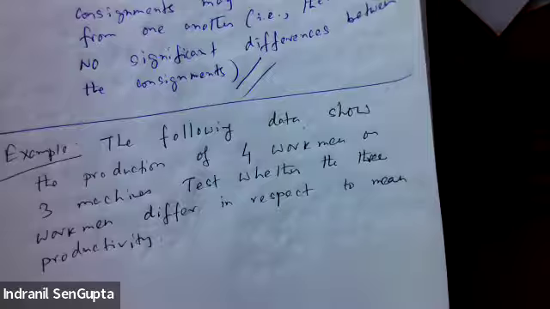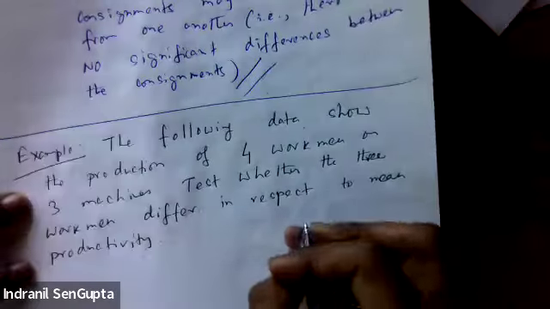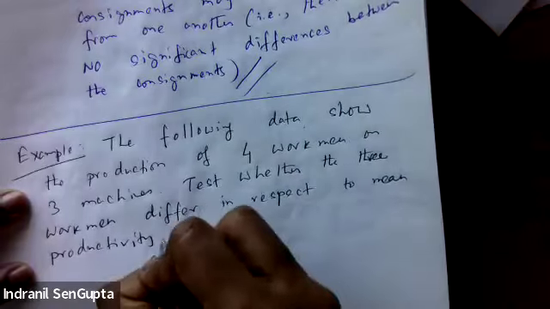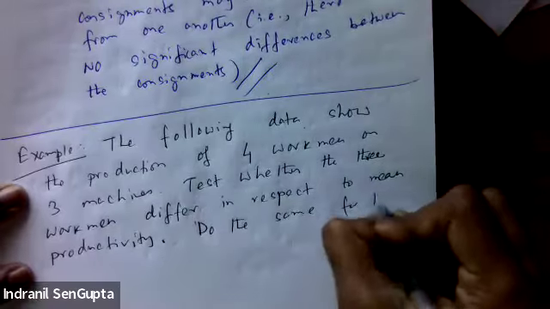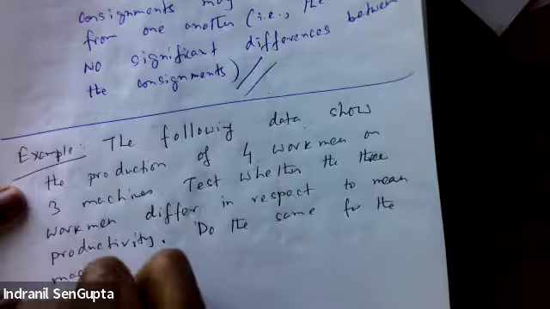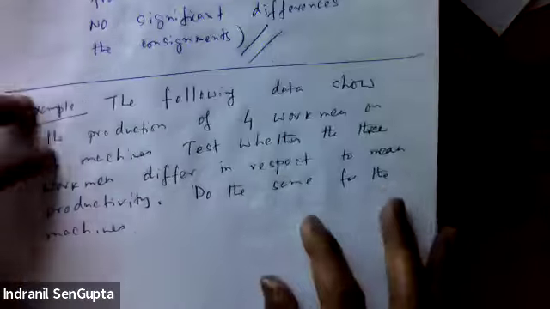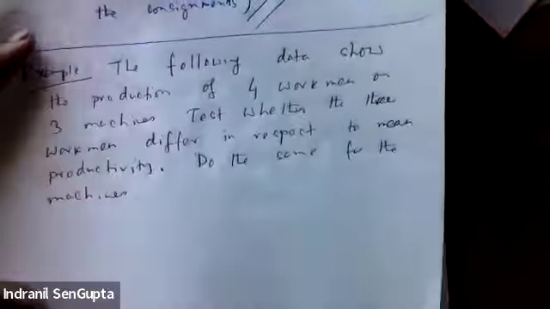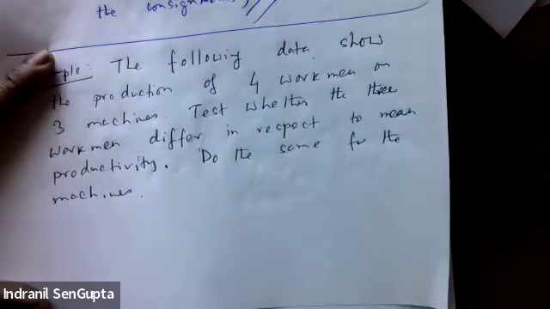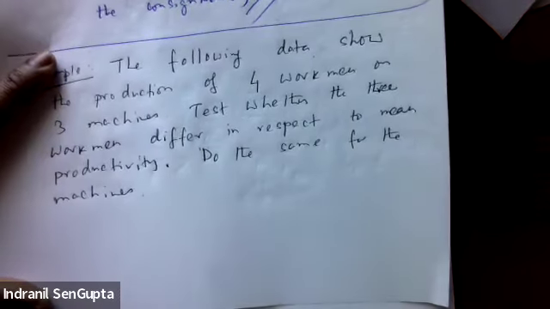Now we are not really concerned with which one; we can compute this for both workers and machines. So let me change this problem to do the same for the machines. We are trying to see if productivity differs according to the workman or machines.